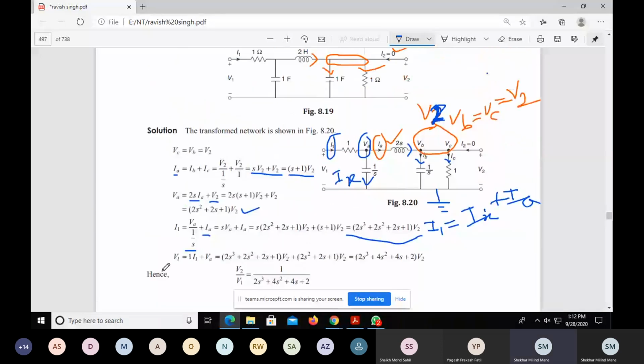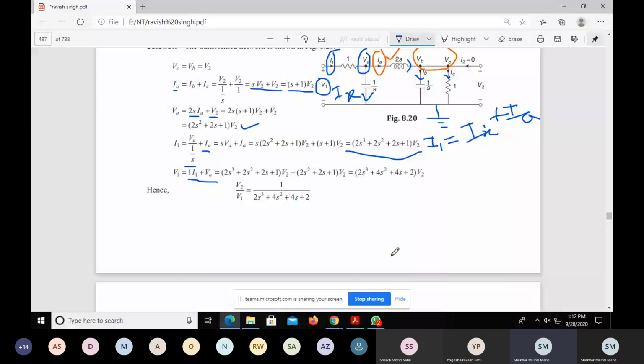And the last is V1. Now V1 is equal to 1 into I1 plus Va, and we have just calculated the values of I1 and Va. So after solving this, you will get this, and after rearranging the terms, you will get this.